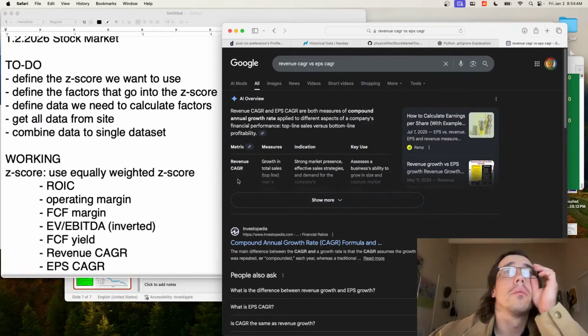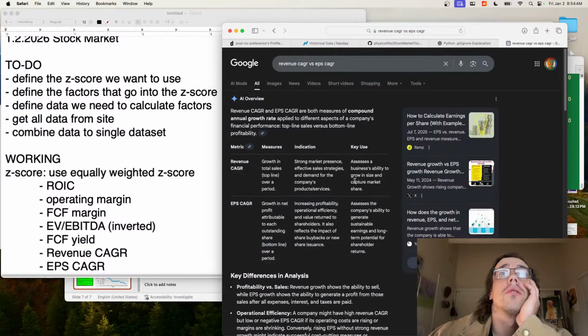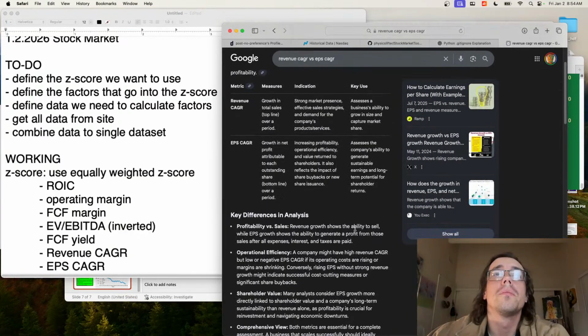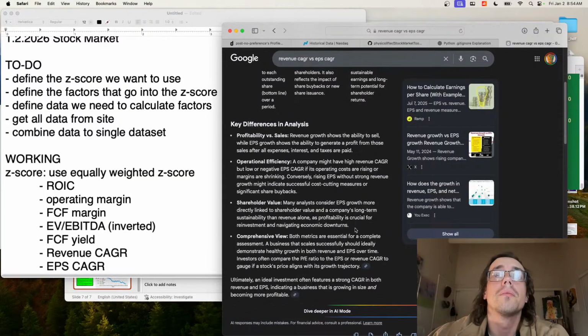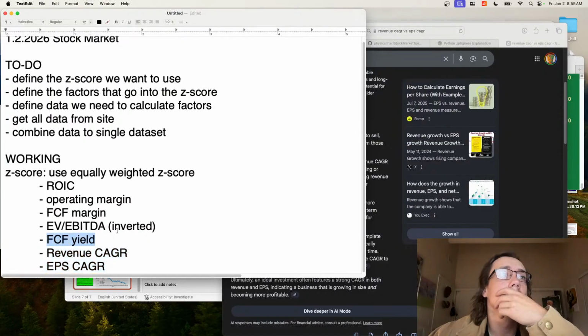Both measures of compound annual growth rate applied to different aspects of a company's financial performance. Okay, so we want both of those. We want that, we want that.